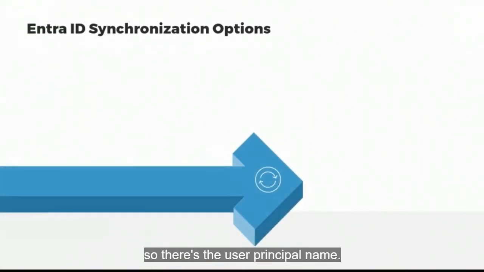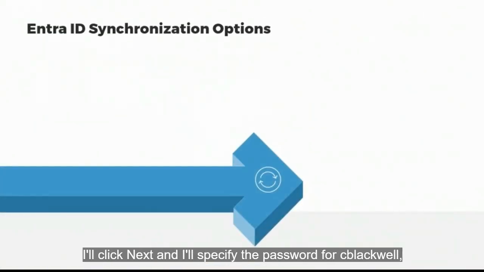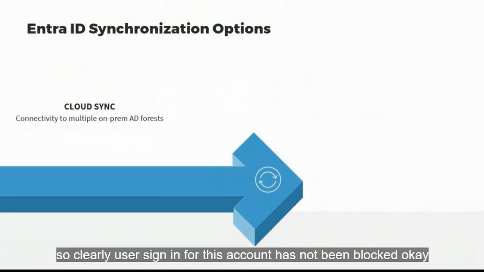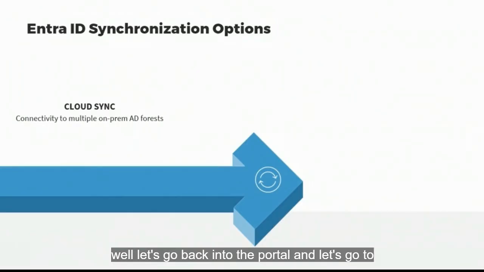But there are a couple of synchronization options we need to be aware of, one of which is called Cloud Sync. This allows for connectivity to multiple on-premises Active Directory forests, but unlike in the past Azure AD Connect, as it was called, we don't need on-premises servers.